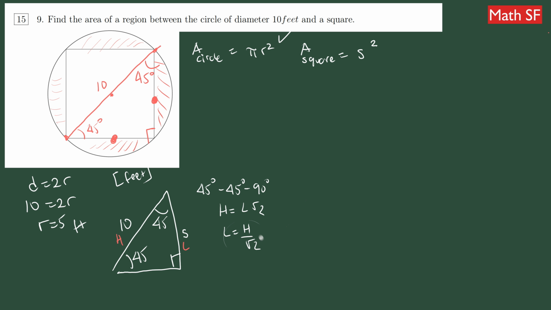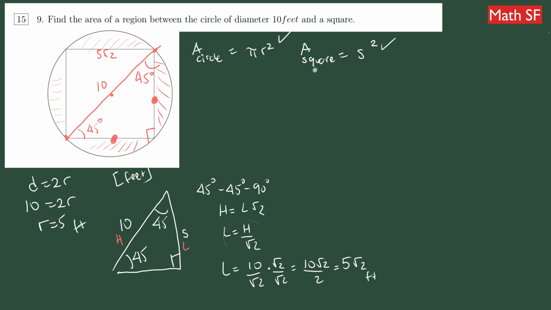And I think this is the most applicable, so L equals 10 over root 2, and if I multiply by root 2 top and bottom, I will get 10 root 2 over 2, simplifying to 5 root 2 feet. So that's what S is, the side of this square, 5 root 2.